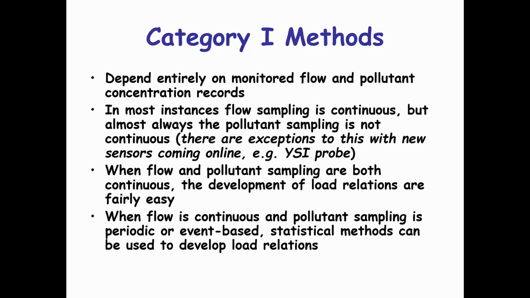An example would be a sensor that is capable right now of measuring nitrate concentrations in stream water. So YSI probes or other types of probe sensors that can do this provide for continuous monitoring of chemistry.